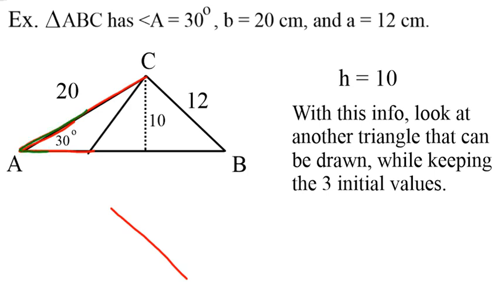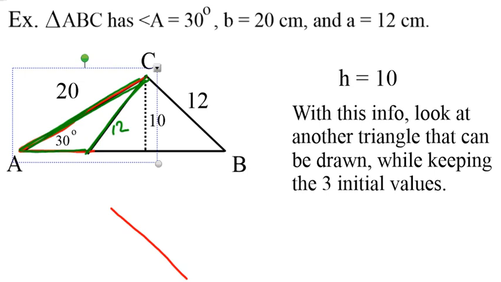I have my 30-degree angle. I have my side B equal to 20. And I still have my side A equal to 12. So in this case we actually have not one triangle.